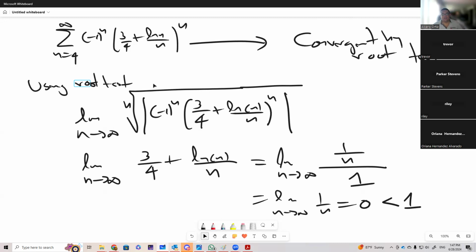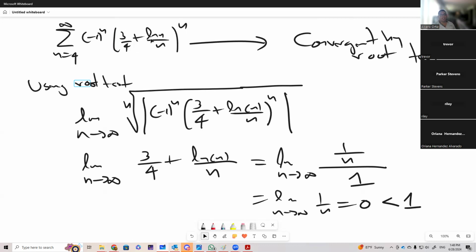Notice that everything is about the choice of the test. If I were to pick the ratio test, this would be a complicated ratio to do, so it would be messy if I use the ratio test here.